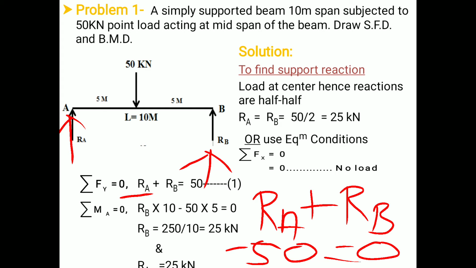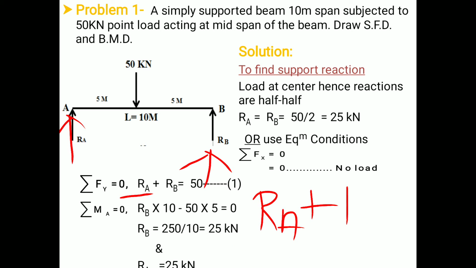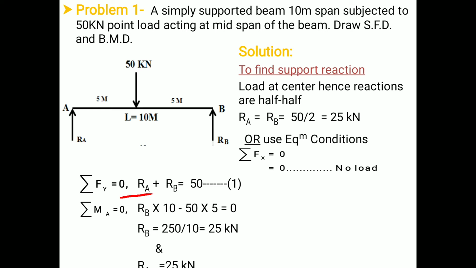After solving this equation, we have RA plus RB is equal to 50. So this is equation number 1. Now the third equilibrium condition, we have moment about A is equal to 0, or we can consider moment about B also equal to 0. So consider moment about A equal to 0.